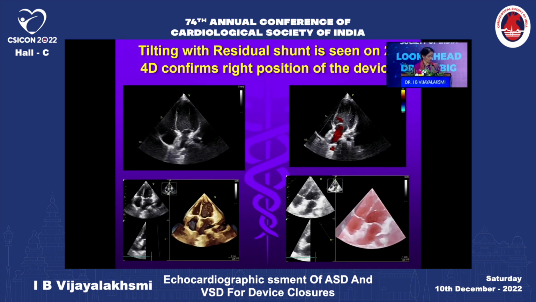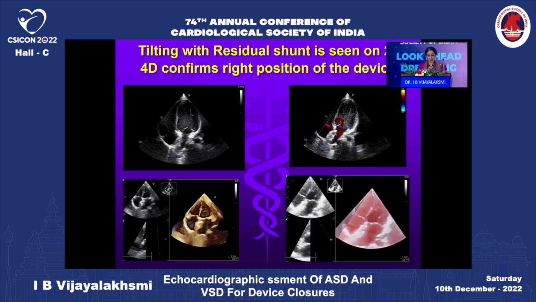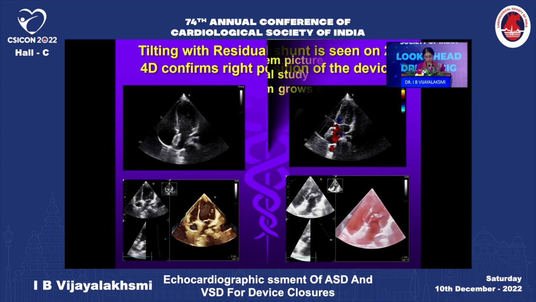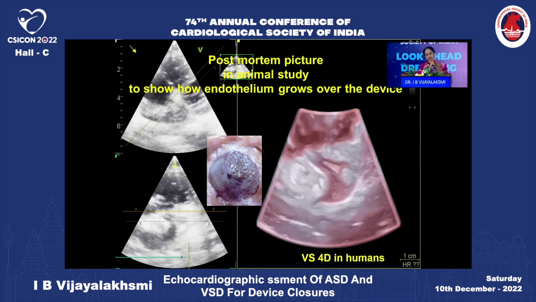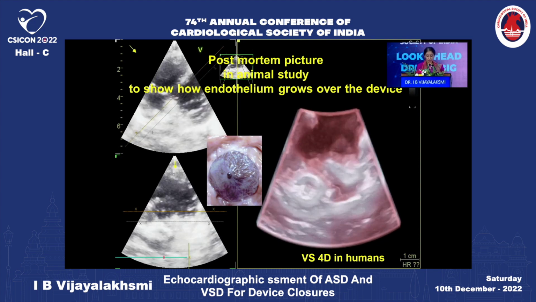Apart from that, suppose you have a doubt about whether the rims are properly placed or not, when you do the 4D, you can literally see that the intraatrial septum is nicely wedged between the two rims. And apart from that, we were giving 3 months aspirin, 6 months aspirin empirically, but today no more.